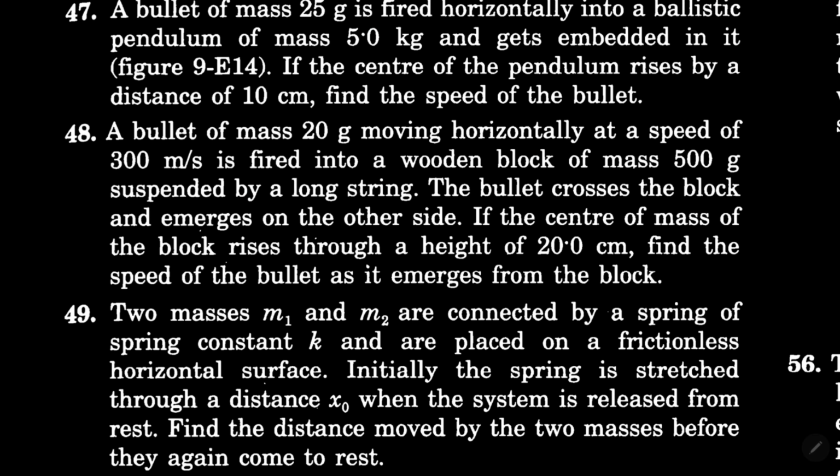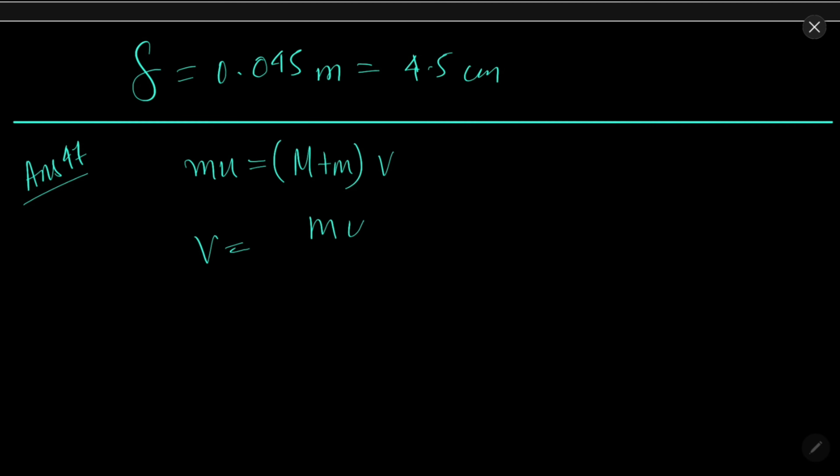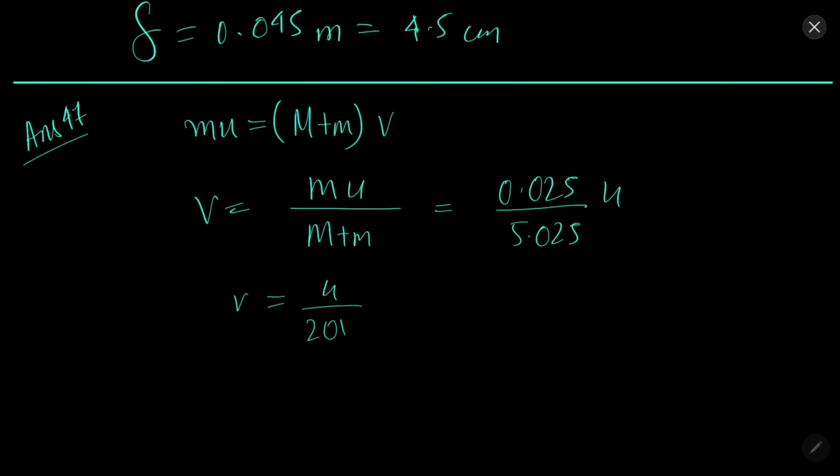Now in question 47, we have a bullet of some mass. We need to find the speed of the bullet if the center of the pendulum rises by 10 centimeter. Solution 47: by conservation of linear momentum, we can directly apply this. So V will be mu over m plus M, which gives us u over 201.